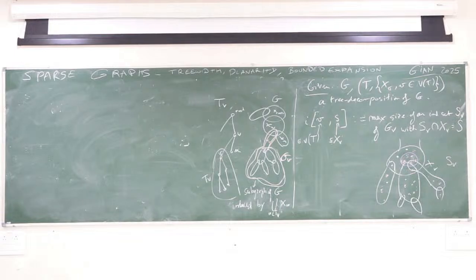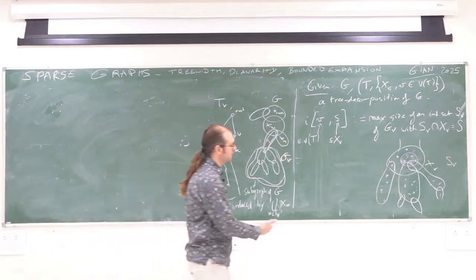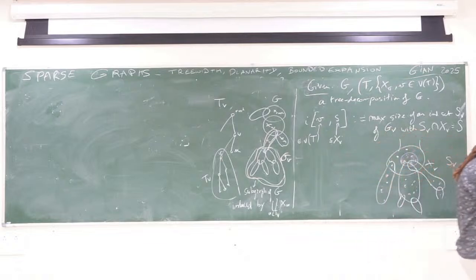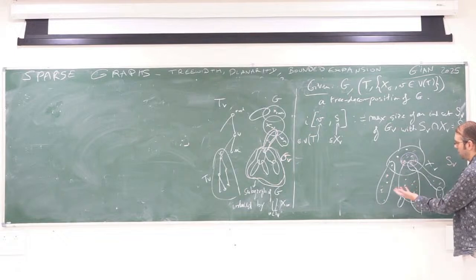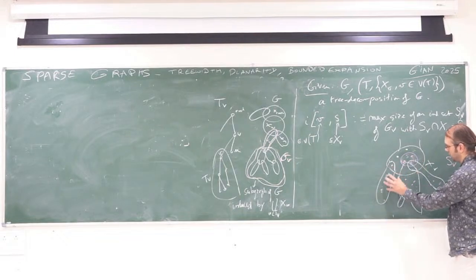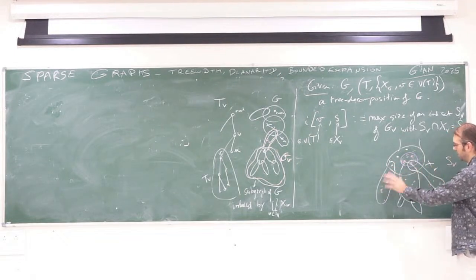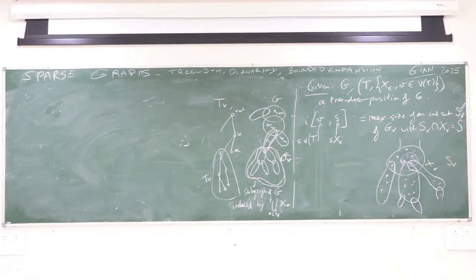Now I have fixed S, I know S is in my independent set, so I will express it using the children bags and children G_W. Of course they have to agree with S.